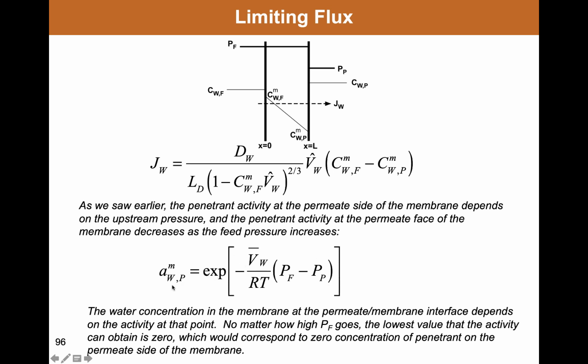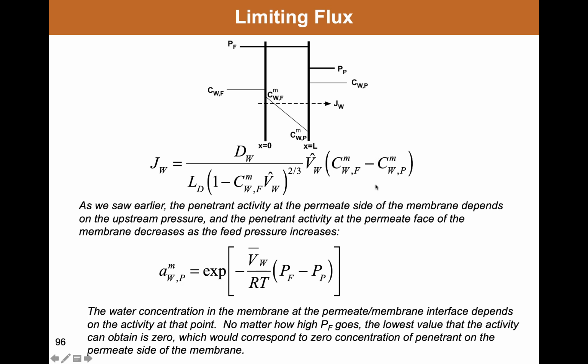It never goes below zero, right? The thermodynamic activity can never go below zero. The concentration of penetrant at the downstream side of the membrane can never go below zero. And so as you raise the feed pressure, you lower the concentration of penetrant on the permeate side of the membrane. And as the feed pressure goes higher and higher, the concentration of penetrant here goes lower and lower. The lowest value it could possibly have is zero.